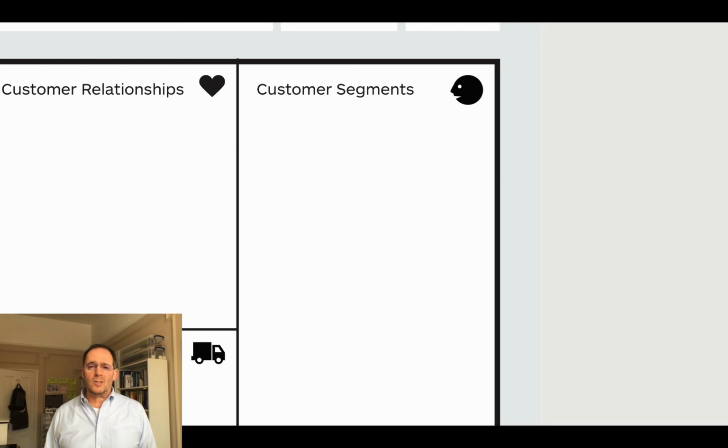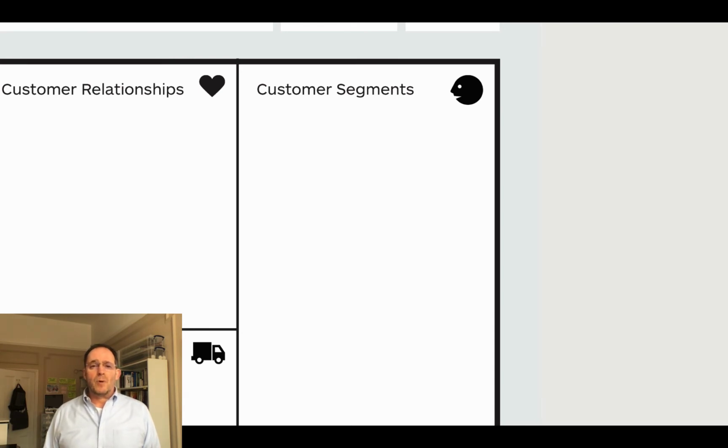So in terms of customer segments, there's a couple of things that you could do here. One is be clear about the segments that you are delivering your product or service to. And two is being clear about what their plans are, if any, to take account of coronavirus.